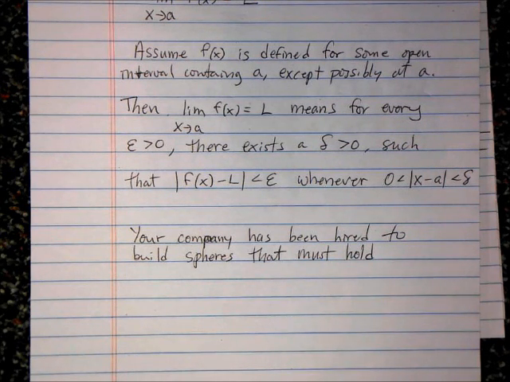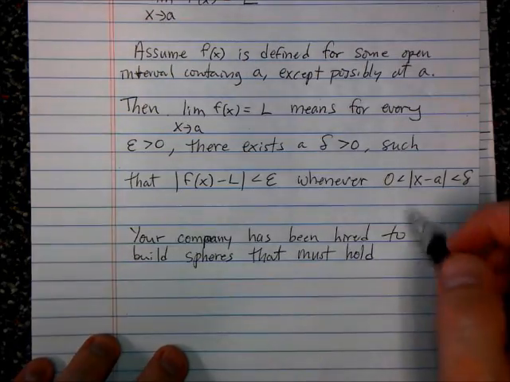A liter. If we use liters, that's going to cause some problems later on. I would accept something in cubic meters, because in a minute I want to relate it to radius. And I don't know off the top of my head how to convert liters to cubic meters. How many? 50 cubic meters.